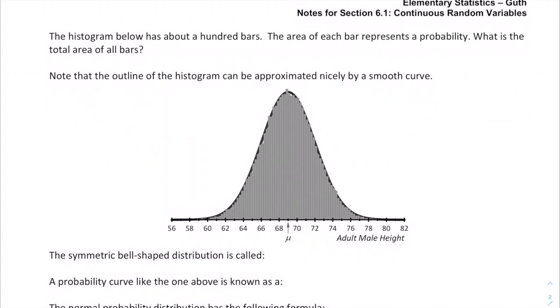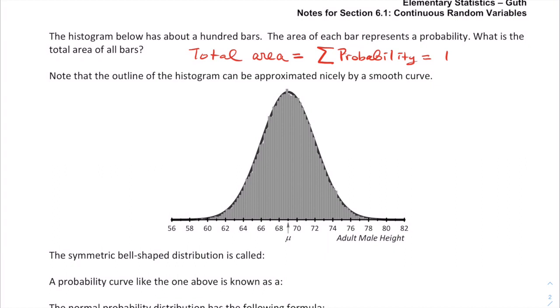Here I redid the diagram, and now there's about 100 bars. The area of each bar represents a probability. What's the total area of all the bars? Well, the total area has to be the total probability, and we've said that the total probability is always 1. So the sum of the probabilities always add up to 1.